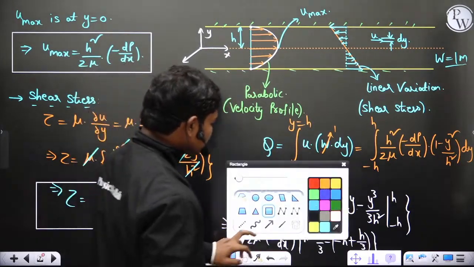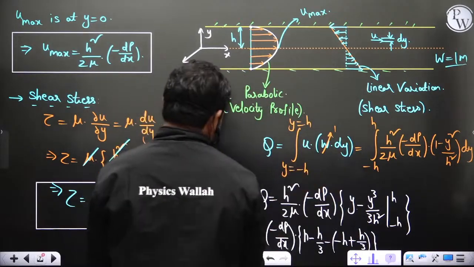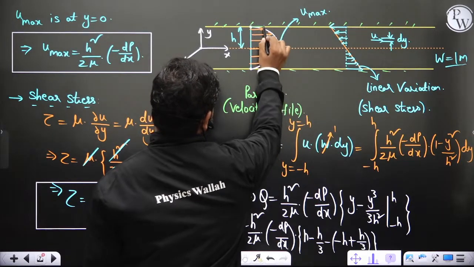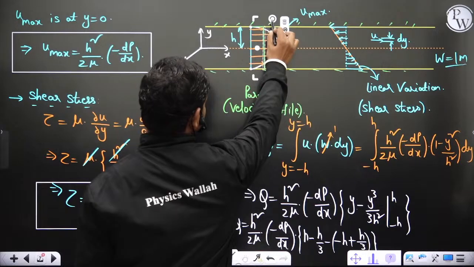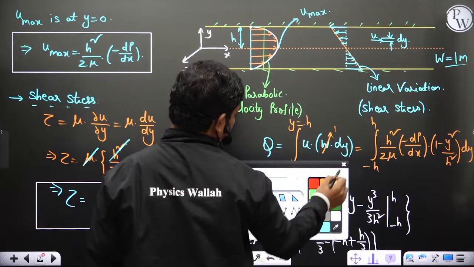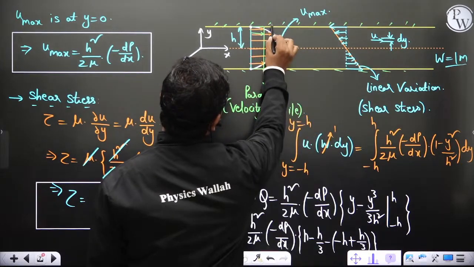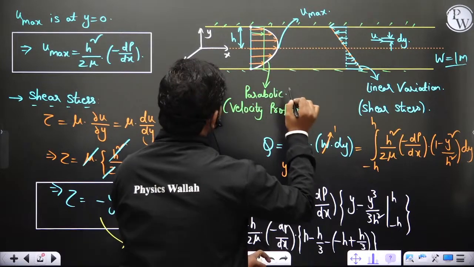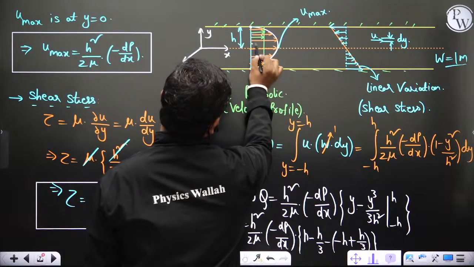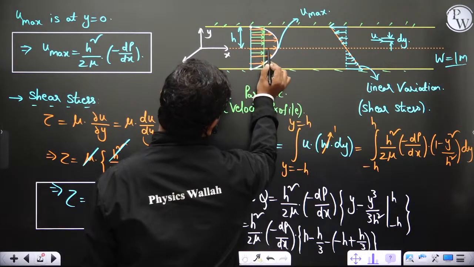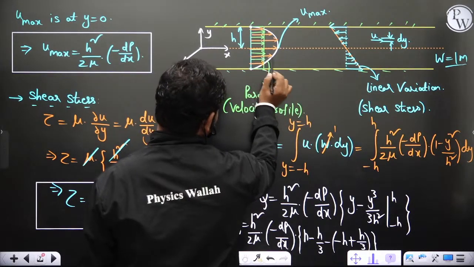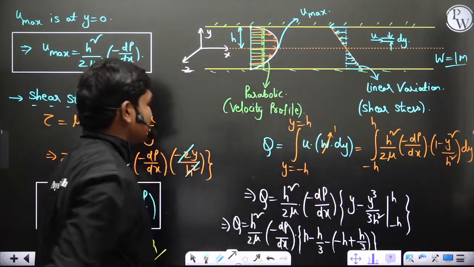But let us suppose you assume a constant velocity at every section, uniform at every point. Then the velocity which gives you the same amount of discharge is the average velocity. So this is u average.